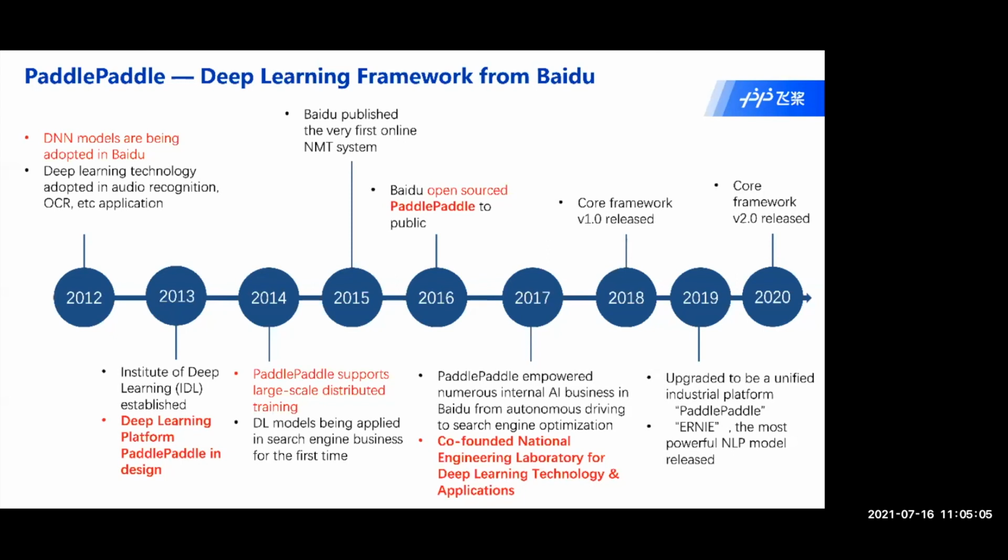Later, Paddle supported large-scale distributed training in 2014, and deep learning models were applied in the search engine business for the first time. In 2015, Baidu published the very first online neural machine translation system. And later, Baidu open sourced Paddle in 2016. In 2018, we had the 1.0 release, and in 2020, we had the 2.0 release.